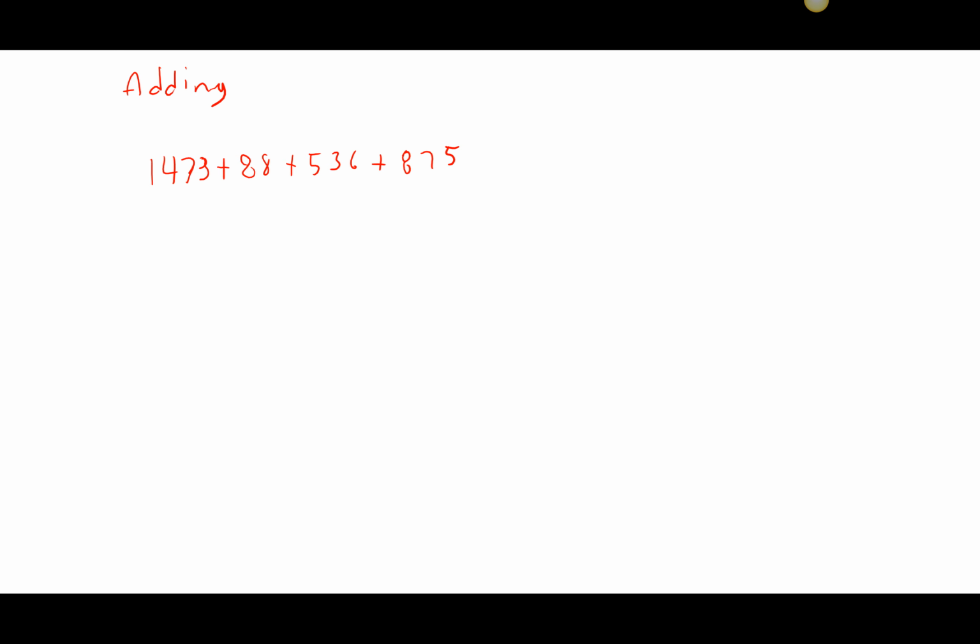So you can line it up really easy. So this would be 1473, okay? We're going to skip this number because it's smallest. 536, 875, plus 88. We'll do it last. And see, now they're neatly in a row, and we can just add them up.